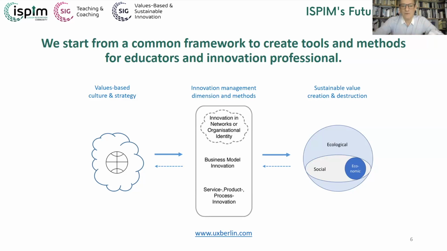These somehow affect the way that innovation is being done in terms of product, service, process innovation, or in the more strategic level of business model innovation, or regarding innovation in overarching networks or the identity of an organization.